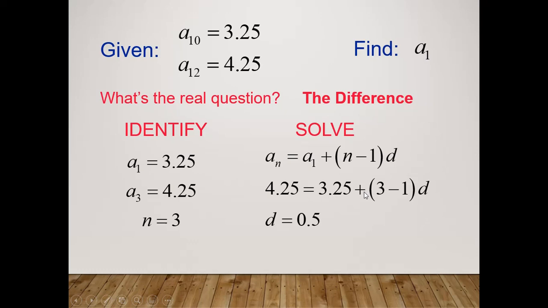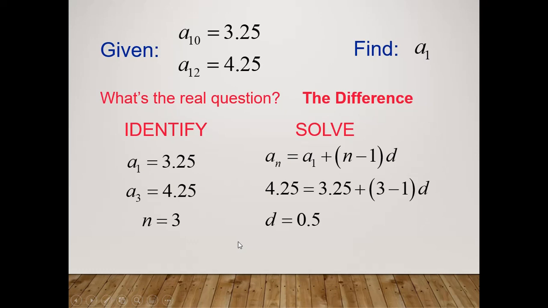Okay? So, 3 minus 1 times d. So, by simplifying this again, so the common difference is 0.5. So, madami itong pagdadaanan. So, kailangan muna kunin ang common difference, which is 0.5. Okay? By, of course, assigning a sub 1 and a sub 3. Okay? So, d is equal to 0.5 kasi di natin alam.